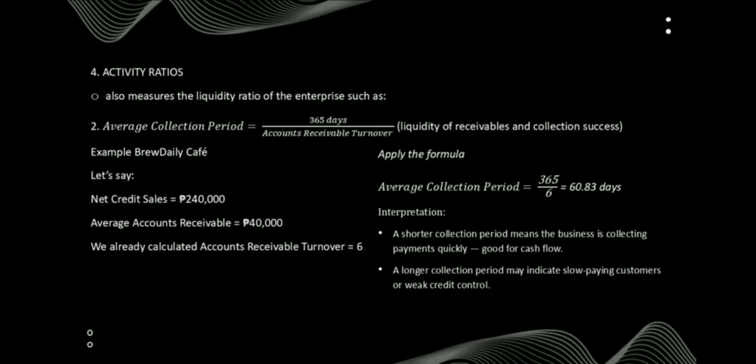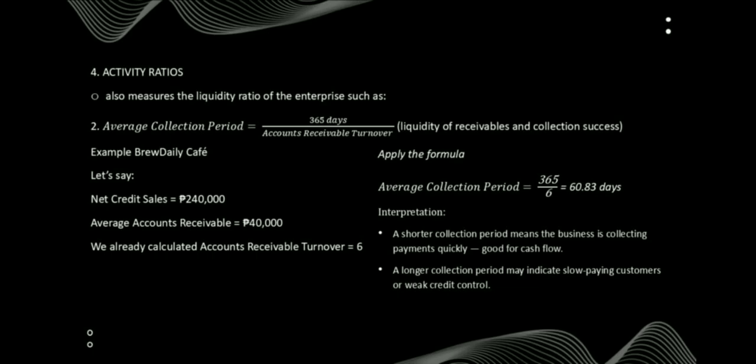Let's use Brew Daily Cafe as an example, assuming they have net credit sales of 240,000 pesos, average accounts receivable of 40,000 pesos, and an accounts receivable turnover of 6. Based on the previous example, let's apply the formula.